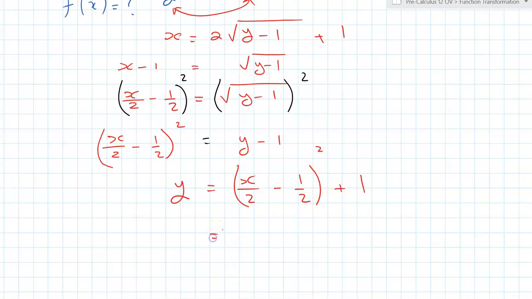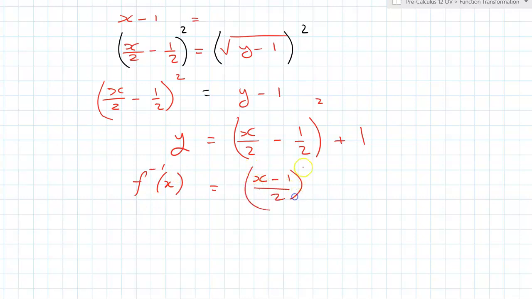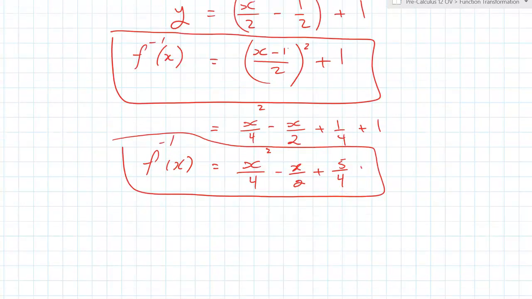In this case you can go ahead and expand if you want, and then you rewrite: f inverse of x is (x minus 1 over 2) all squared plus 1. If you want to expand that, you go ahead and expand it, and you should get something like what I've got. But it's not important in this case. I'm hoping that you know how to do the algebraic operation.